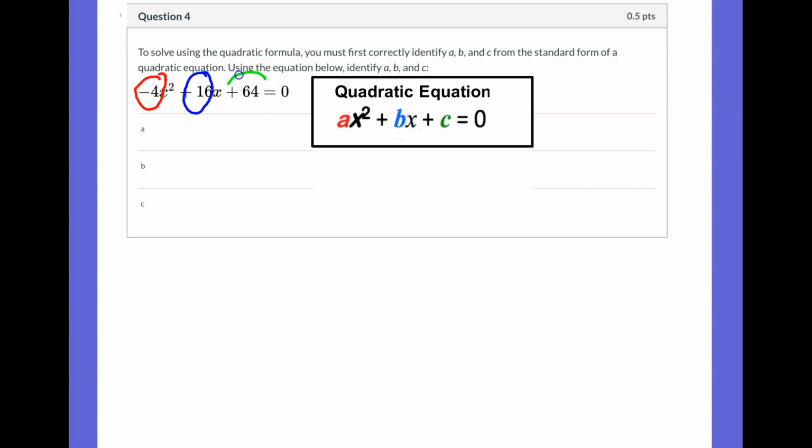And C is the constant, the number that's by itself without any letter. So we know that A is -4, B is +16, and C is 64. This is the first step to solve quadratic equations using the quadratic formula.